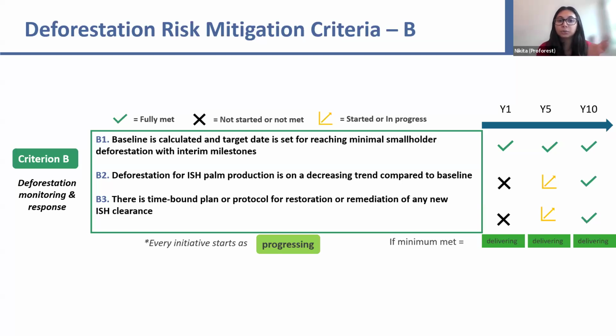As you can see on the right, you can answer whether the criteria is fully met, started or in progress, or not started or not met. And then based on your answers for the year and the criteria, the landscape initiative would fall under the delivering or the progressing category.